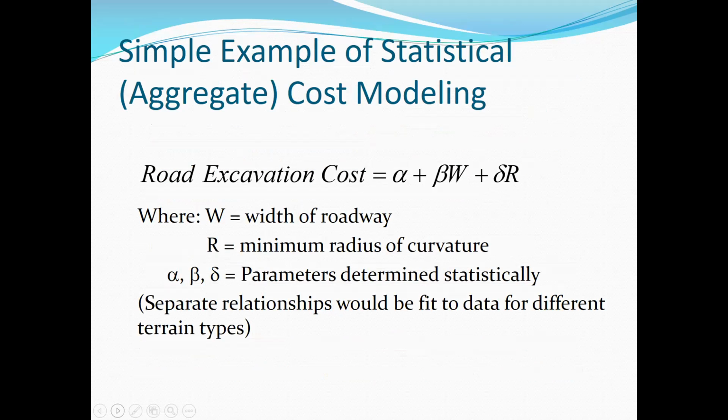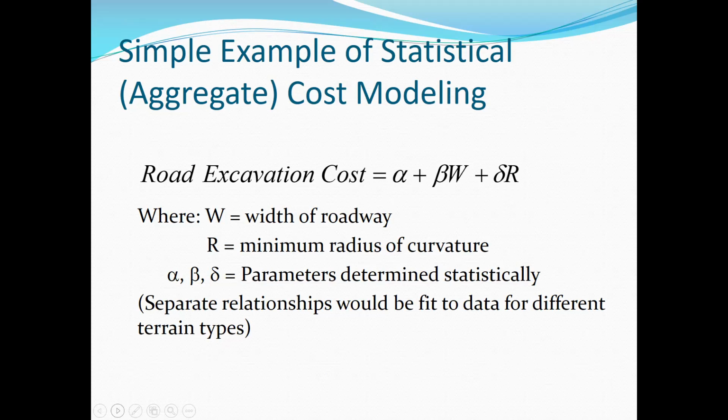Some statistical cost model examples: road excavation cost as a function of width and minimum radius of curvature. So you look at different projects that had a certain width of roadway and a minimum required radius of curvature, and you look at excavation cost. You look at multiple projects that were done in the past, at all their costs, and then you just look at these two parameters.